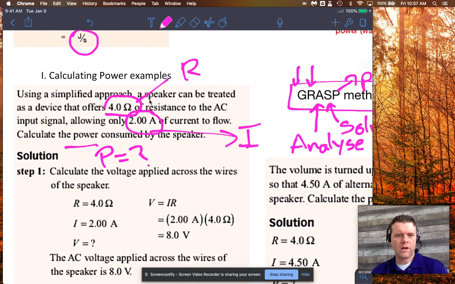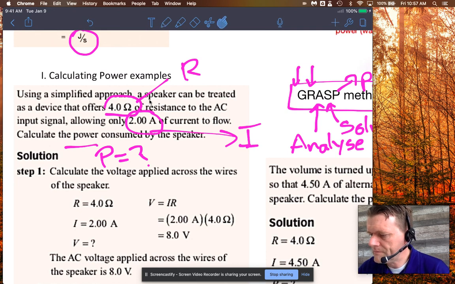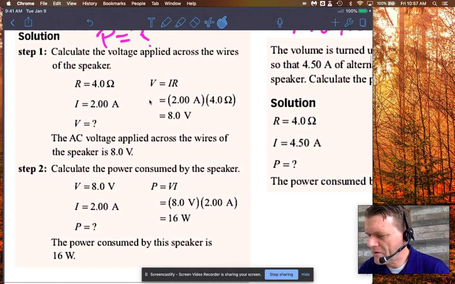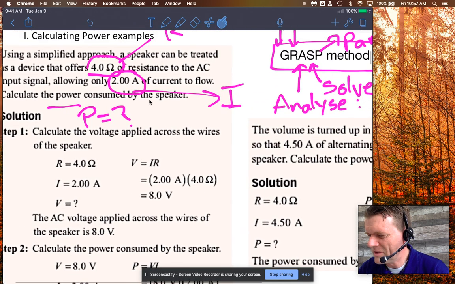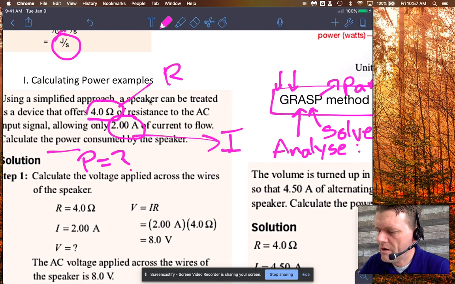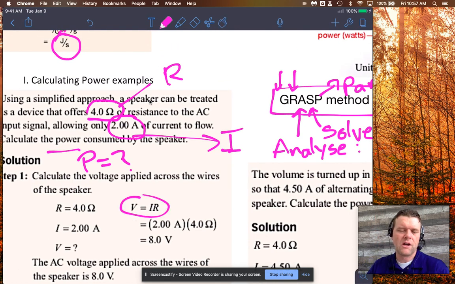Actually, we could solve this problem using the other formula. I just realized that. So they opt to go this route. They're saying, well, we should be able to calculate the voltage first, okay? Because according to this expression here, voltage is equal to current times resistance.